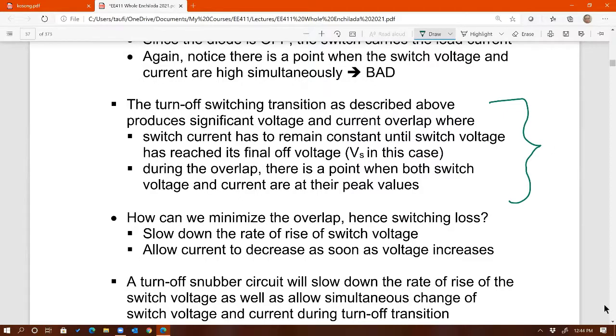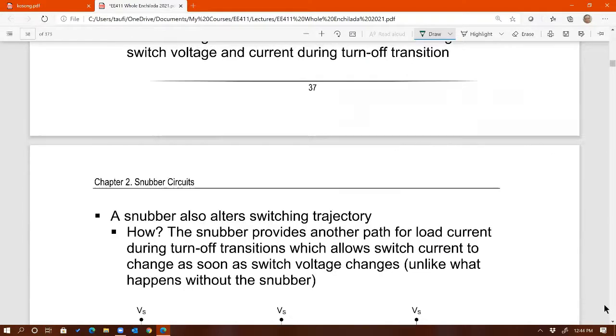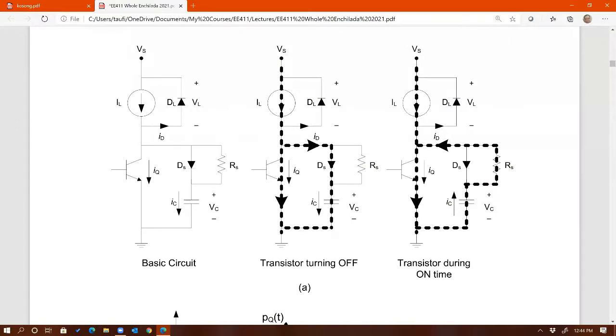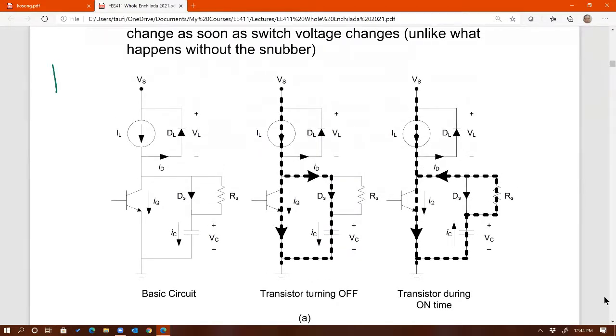So what kind of circuit can do this? Right here, I'm going to discuss what we call the RCD snubber. The snubber circuit, that's the additional circuit right here, consists of 3 additional components: resistor, capacitor, and a diode.